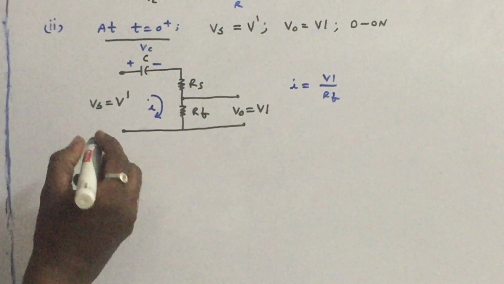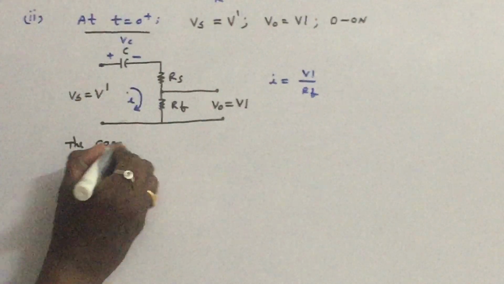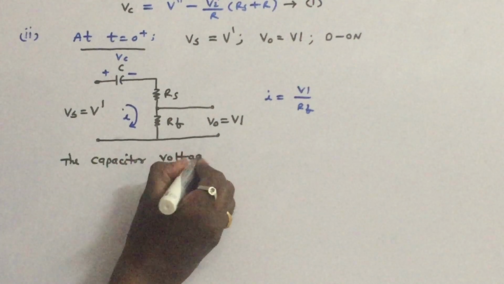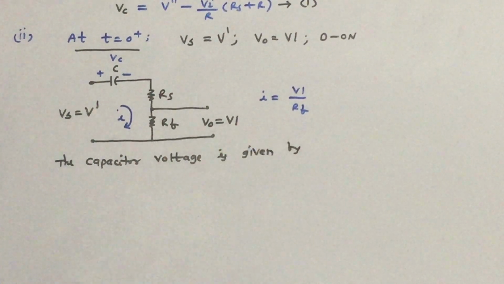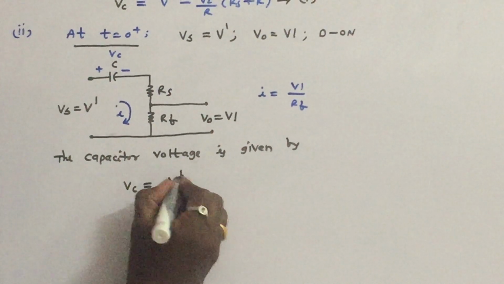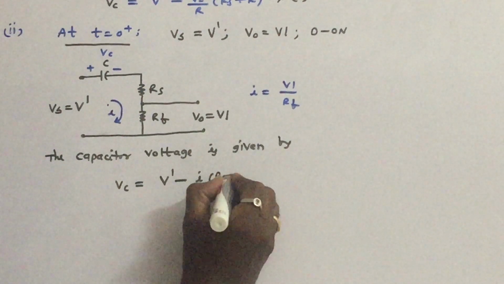So the voltage across the capacitor Vc is equal to the input V dash minus I into Rs plus Rf.